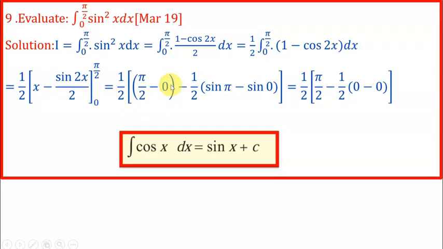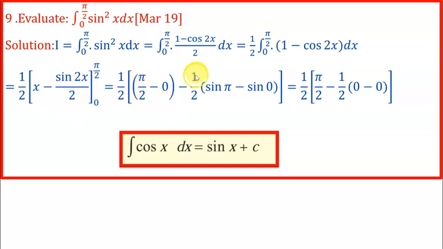And what about the next? If we replace x by 0, then sin of 0 is 0. Therefore, here 1 upon 2 in bracket, in the first case x is replaced by first pi by 2, next 0. Therefore, the first bracket is pi by 2 minus 0.